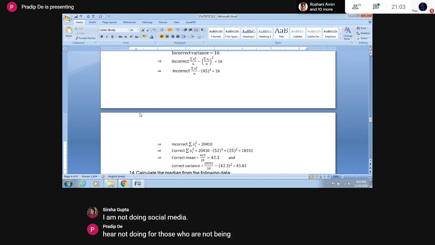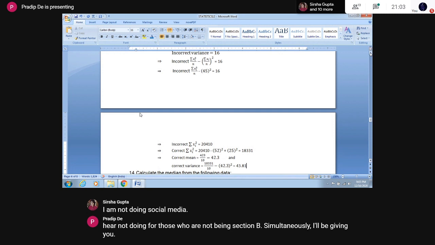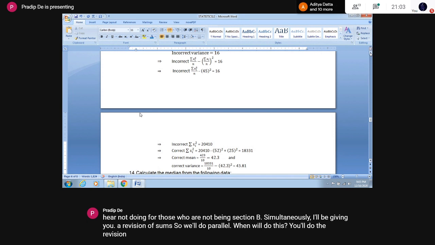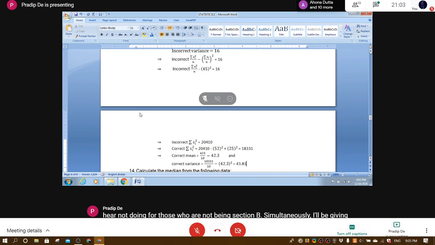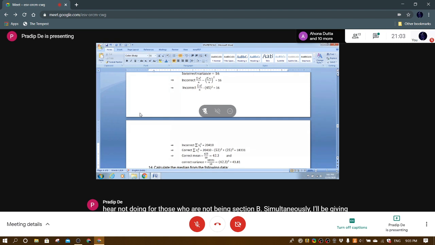For those who are not doing section B, simultaneously, I'll be giving you a revision of sums. So we'll do it parallelly. When we do this, we'll do the revision parallelly. Okay, sir. We'll revise section.